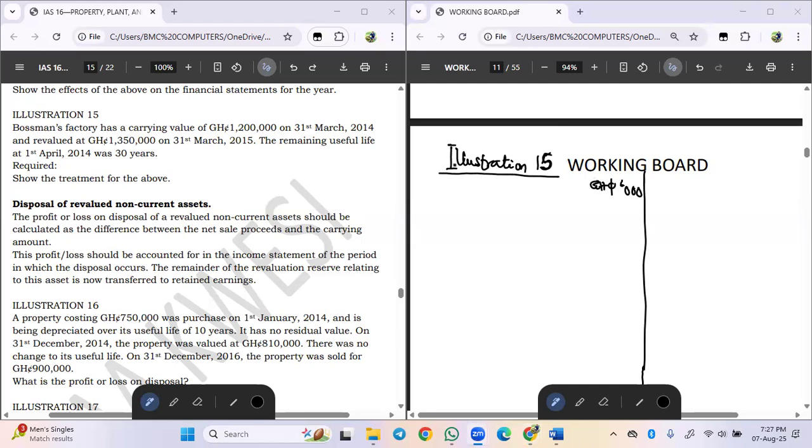Okay, so with this one, the revaluation happened 31st March 2015, and we are having a carrying amount as at 31st March 2014. The remaining useful life at 1st April 2014 was 30 years. Now you don't have the cost, you have the carrying amount.